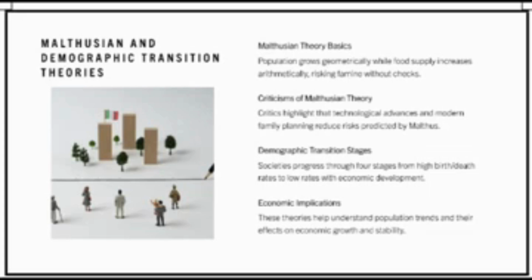Stage 4 is categorized as low birth rate combined with low death rate, which implies stable or declining growth rate. Such an economy is an instance from, let's say, Germany or even Japan.